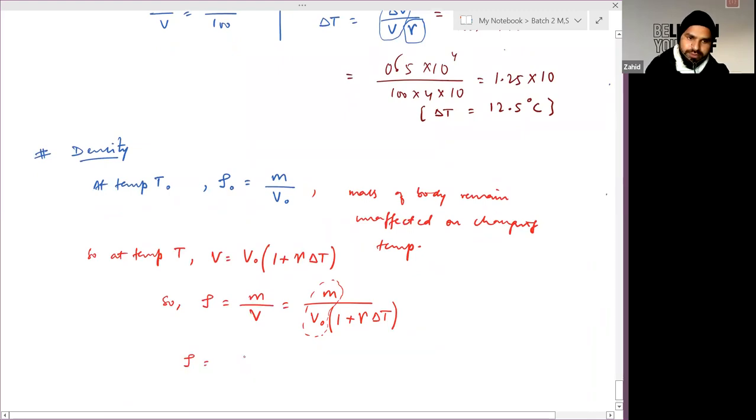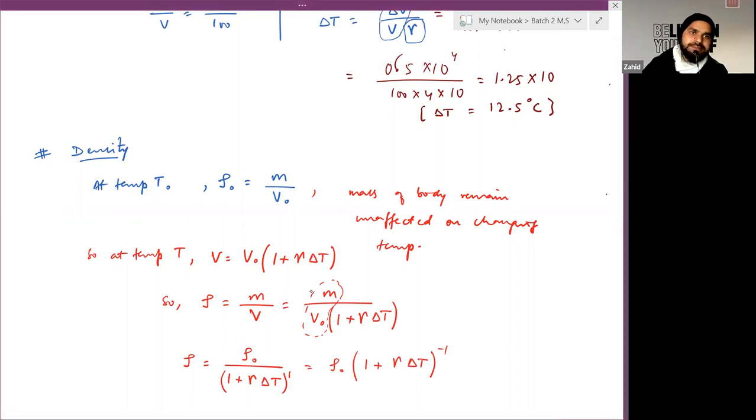So rho equals rho naught divided by 1 plus gamma delta T. Now move this denominator to numerator, its exponent will become minus 1. So you'll get rho naught times 1 plus gamma delta T raised to minus 1.